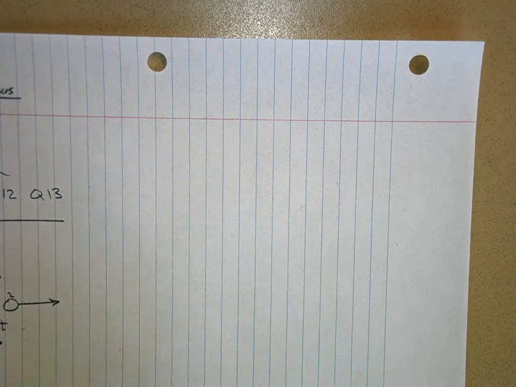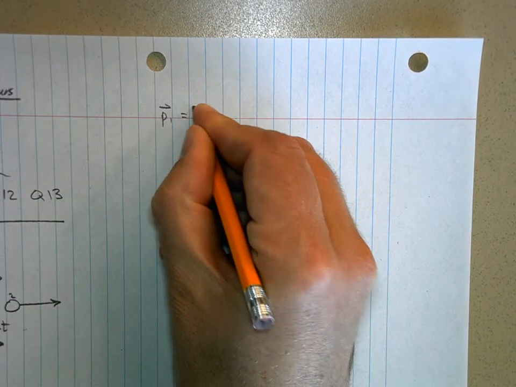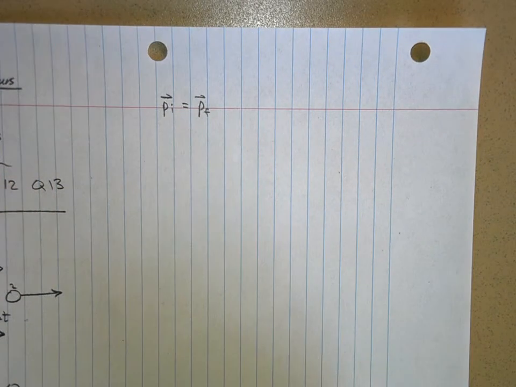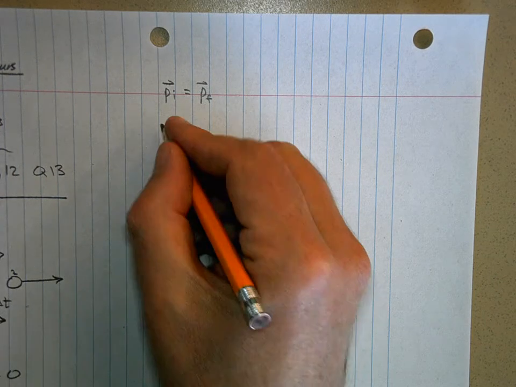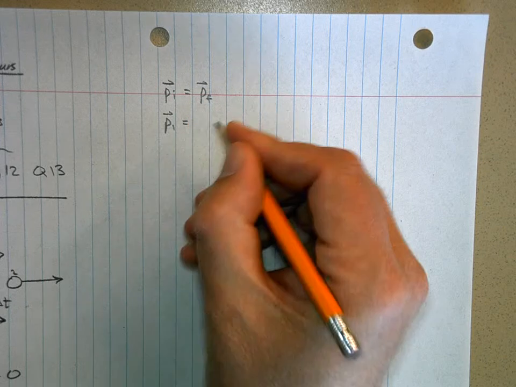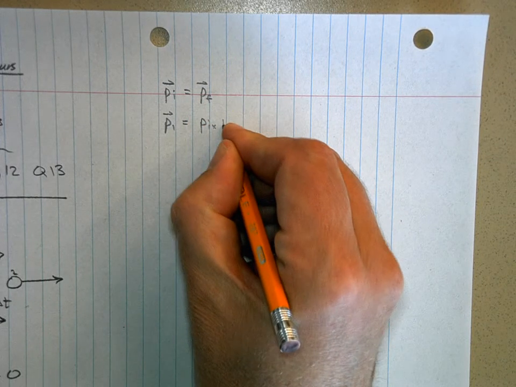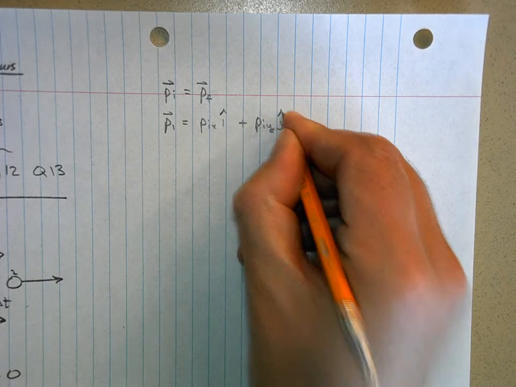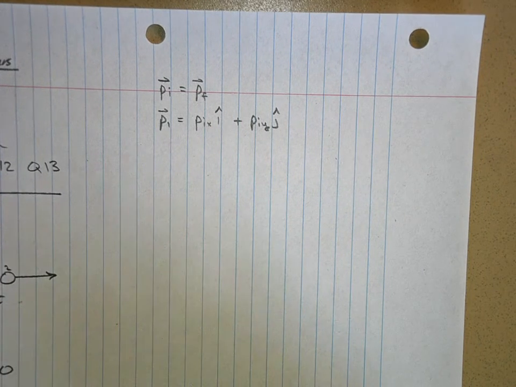Let's just talk about if I say P initial equals P final, well, I can say P initial has an X and Y component. So P initial is equal to P initial in the x direction plus P initial in the y direction, with unit vectors associated with them.